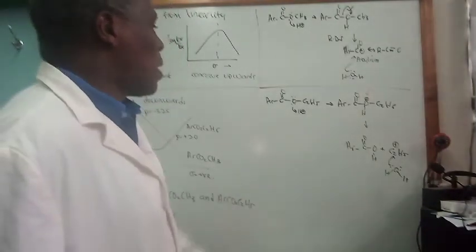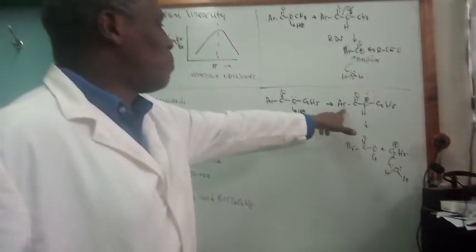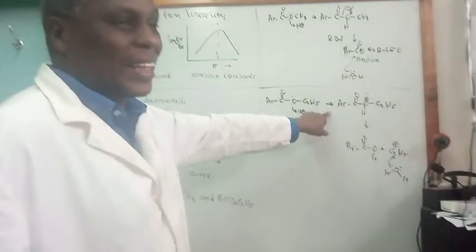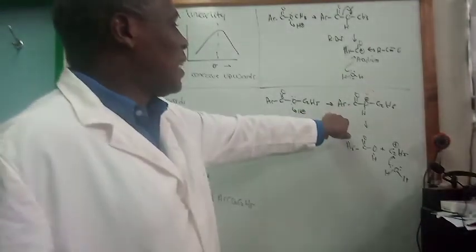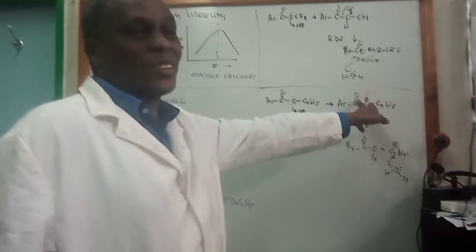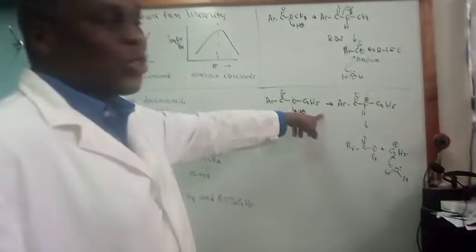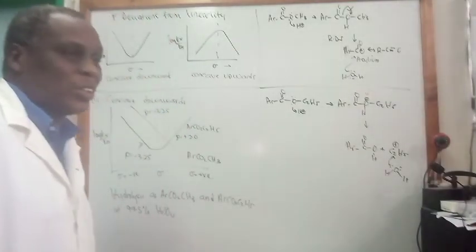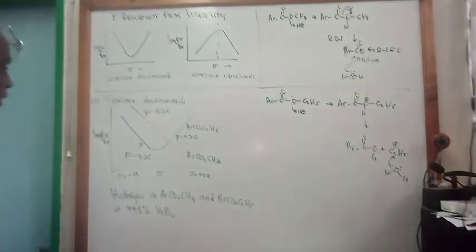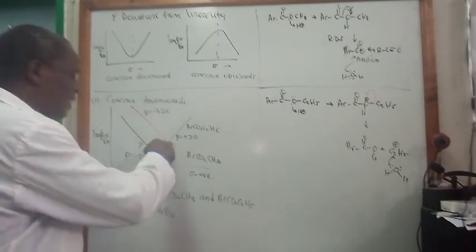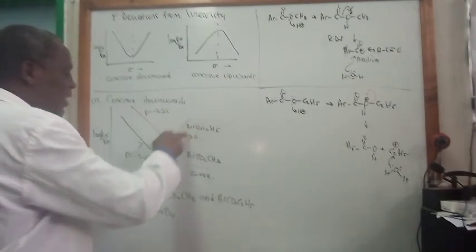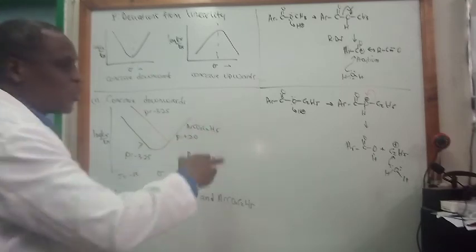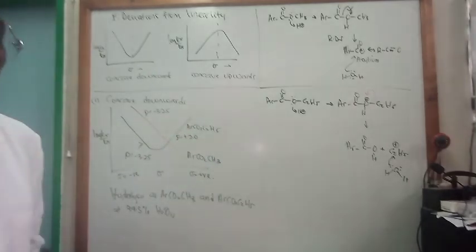Even if you have strong electron withdrawing groups like the cyanide and the nitro group, because the electrons are going towards the reaction center, the electron withdrawing groups are going to stabilize that carbocation. So you see the increase in the plot after a certain point, which means that electron withdrawing groups are going to stabilize the reaction center.